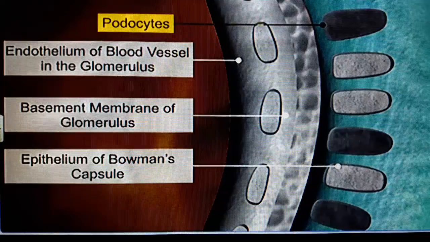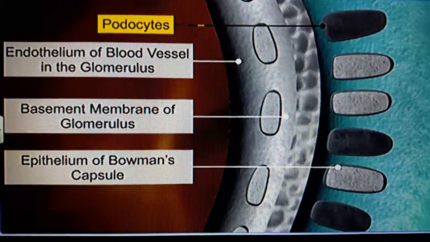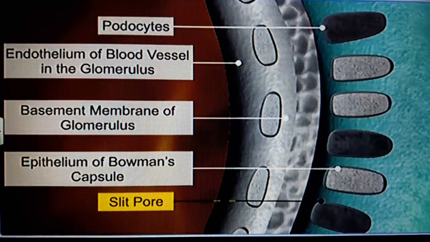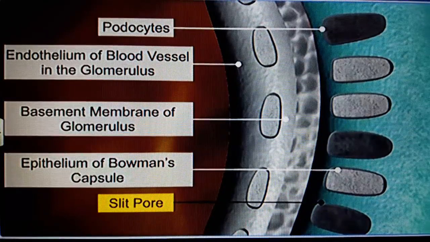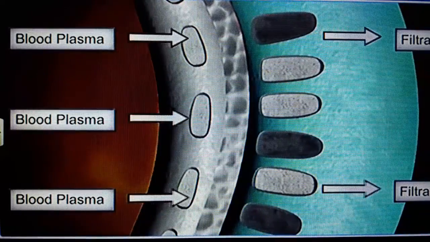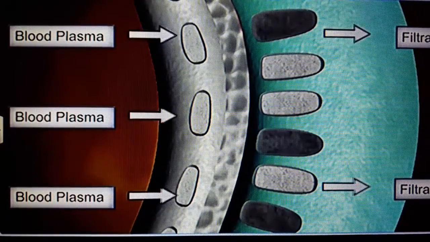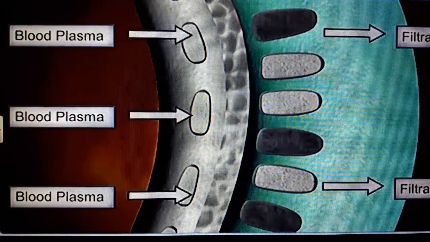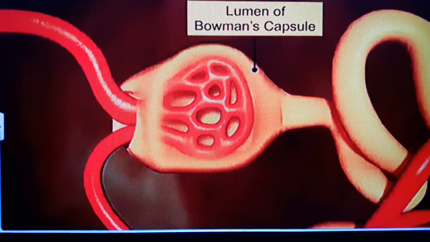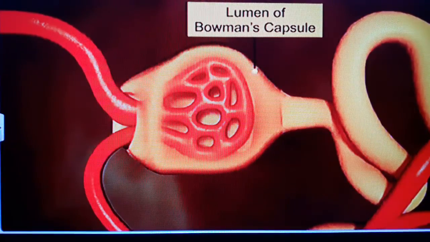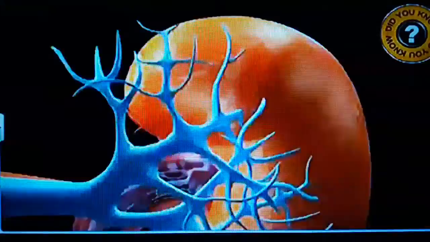These are the podocytes, loosely packed spaces through which ultrafiltration takes place. So the blood plasma is filtered, and the remaining filtrate collects in the lumen of Bowman's capsule.